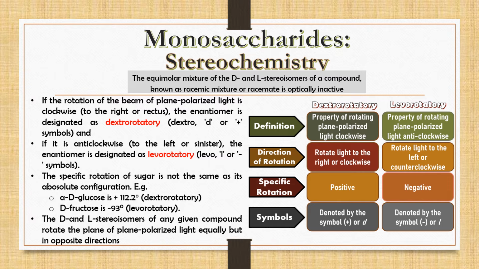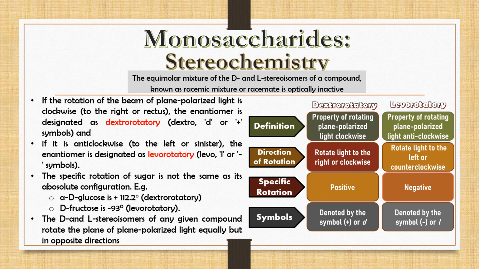So it is the symbols plus and minus that refer to the direction of rotation of the beam of plane polarized light, but not the absolute configuration. The absolute configuration is determined by the D and L stereoisomer.